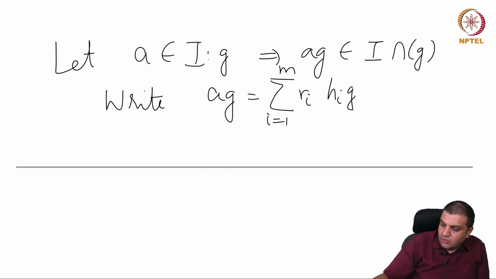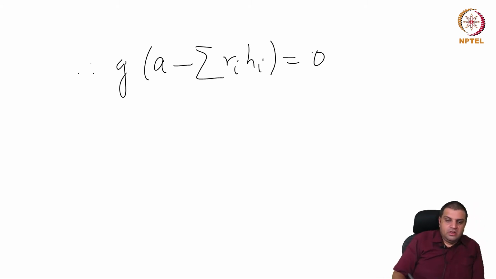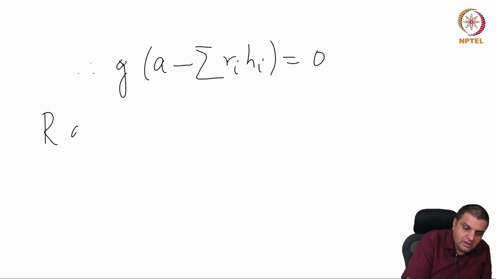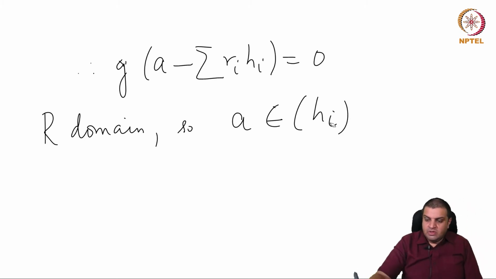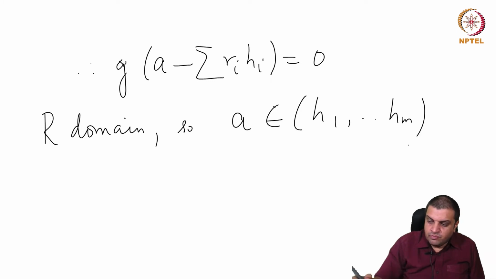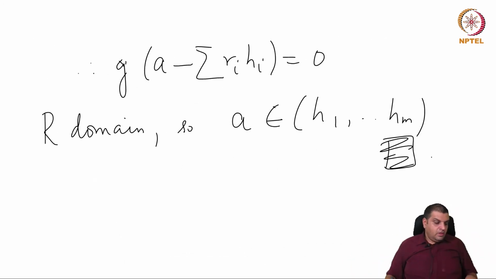So now we can write G times (A minus the sum of Ri Hi) equals 0. Now, R is a domain, so A must equal the sum of Ri Hi, so A is in the ideal generated by H1 through Hm, which is what we wanted to prove. I colon G is in the right side. So this is where the domain is used.